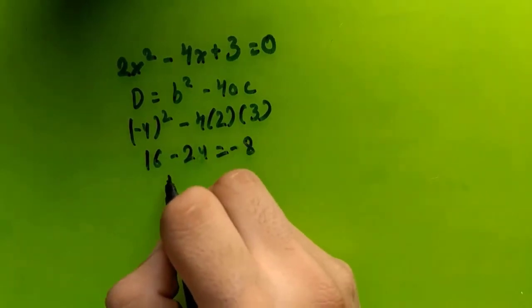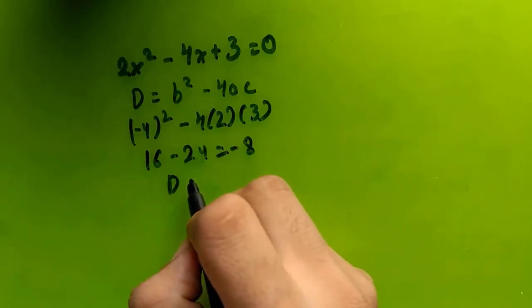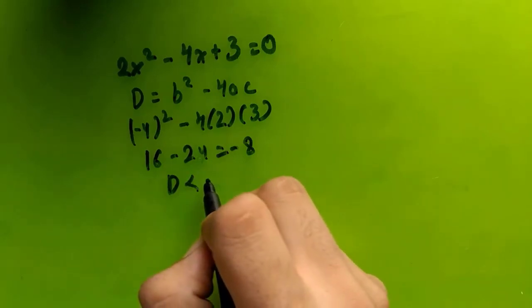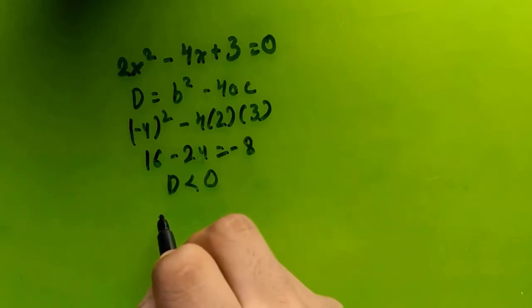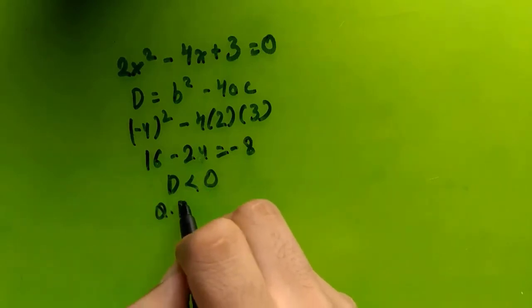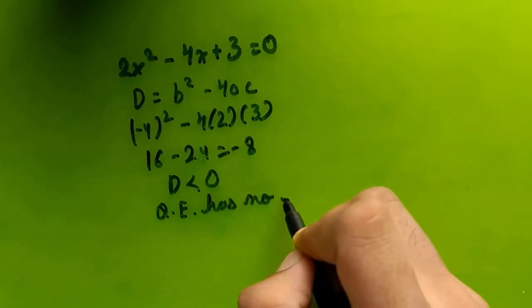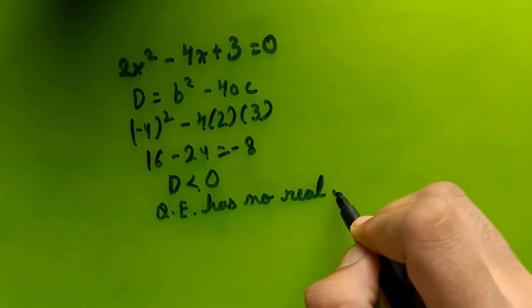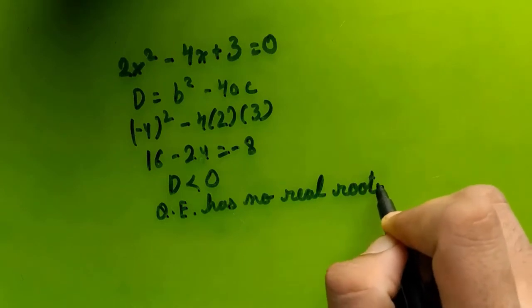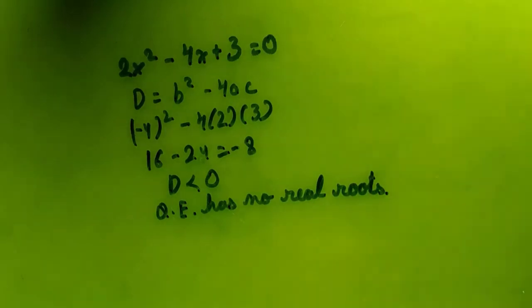Therefore discriminant is less than 0. Therefore quadratic equation has no real roots. Therefore the roots of the quadratic equation 2x square minus 4x plus 3 do not exist. Next question.